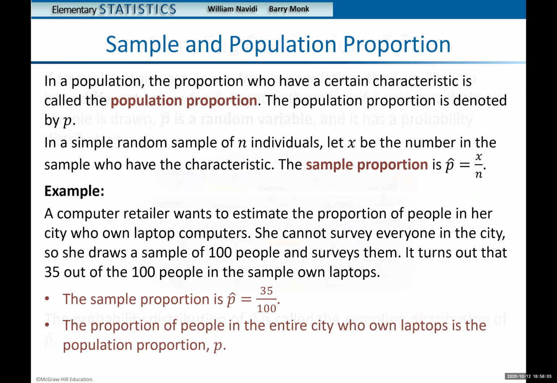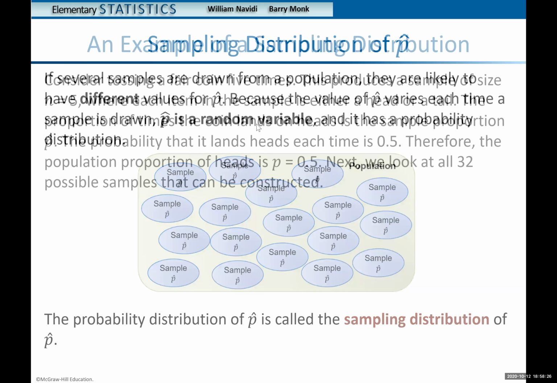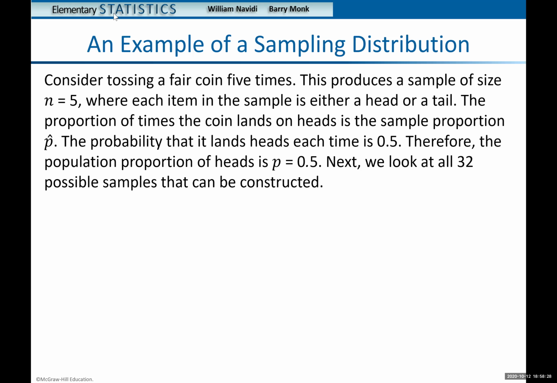What if you have a different sample? Definitely you won't get exactly the same sample proportion as here. Some of them will have the same, but not all. So the probability distribution of all the proportions is called the sampling distribution of the p.